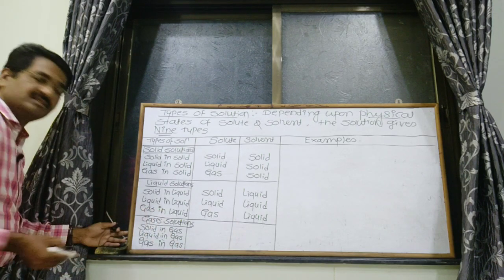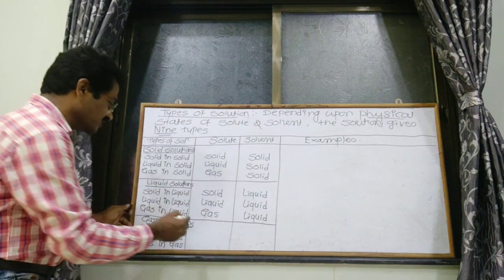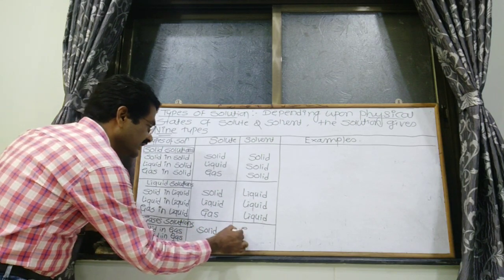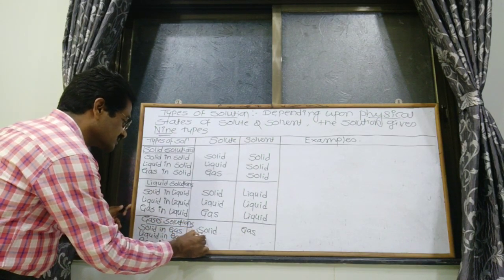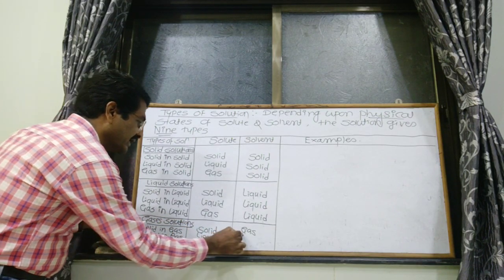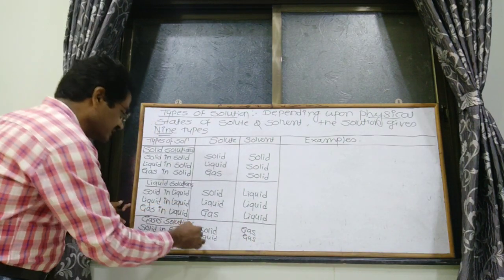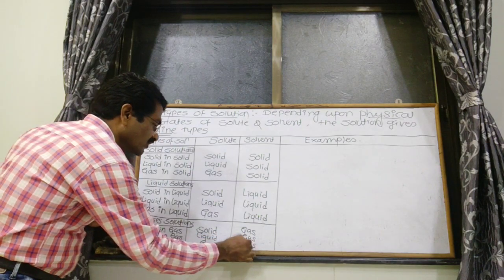First, solid in gas, containing a smaller proportion of solid, so the solute is solid and the solvent is gas. Second, the liquid is the solute and gas is the solvent. And last one, gas is the solute and another gas is the solvent.